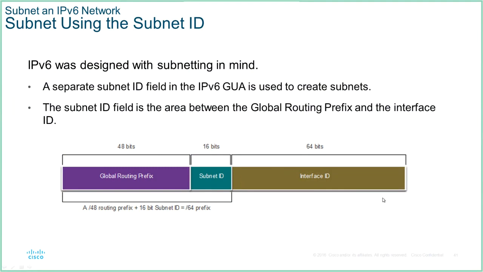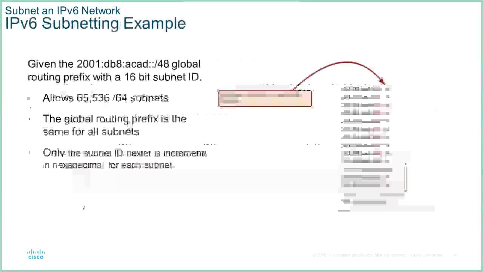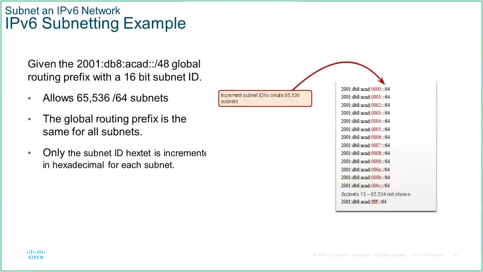Just keep in mind that generally speaking, you'll have a /64 addressing space. So the easiest way to do subnets is just to increment the value in those last 4 digits. And they make 65,000 odd networks.